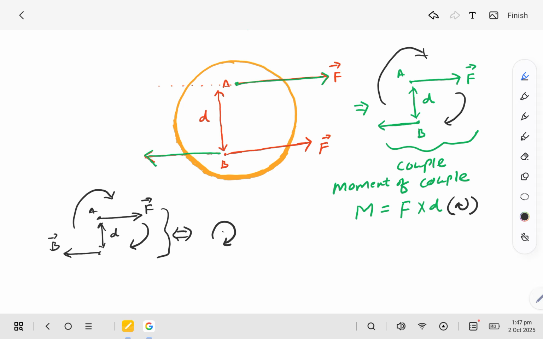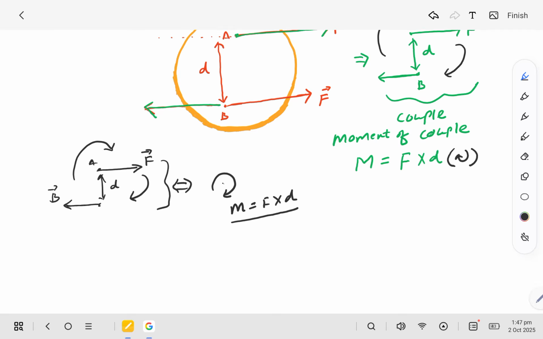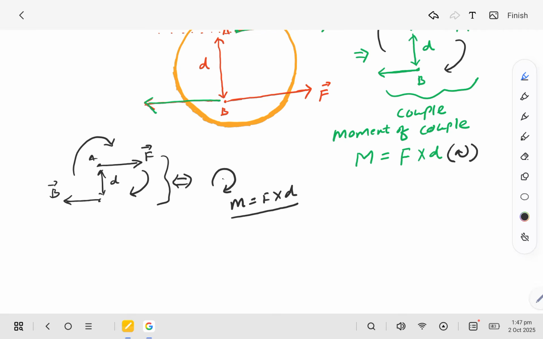You can write a couple of magnitude M, that is F into D. Whenever we see a sign of clockwise or anti-clockwise, it means a moment of couple is acting on the body.